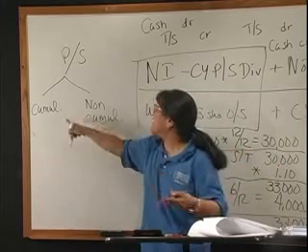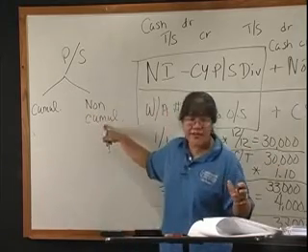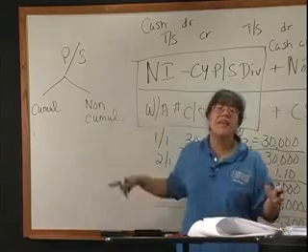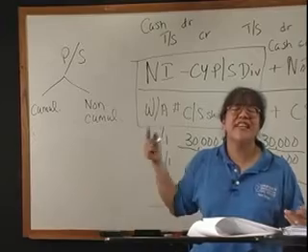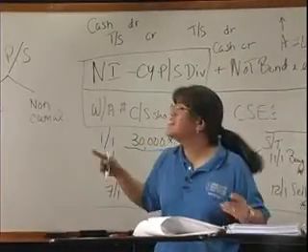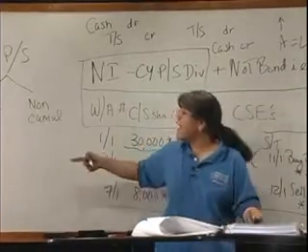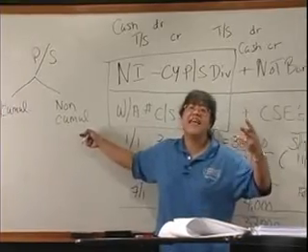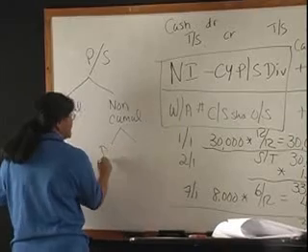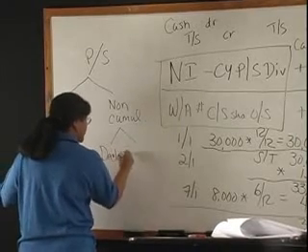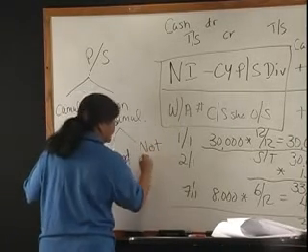Now, non-cumulative means that the only way that the preferred stockholders can ever get a dividend is if they declare a dividend. It does not accumulate. So then you have to check, is a non-cumulative declared or not declared?